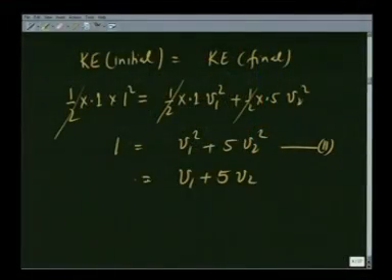Equation number 1, let me rewrite it once more. v1 plus 5 v2 is equal to 1. Solve these two equations to get v1 and v2. Let us substitute.